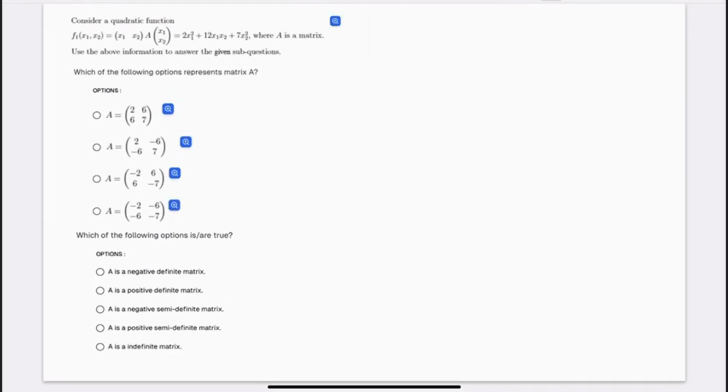Alright, so we have a quadratic function f of x1 comma x2, which is given by 2 times x1 square plus 7 times x2 square plus 12 times x1 x2, right?